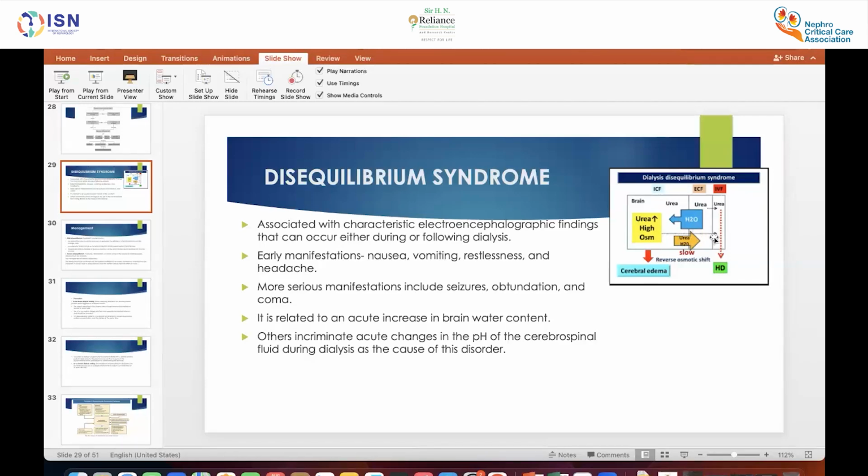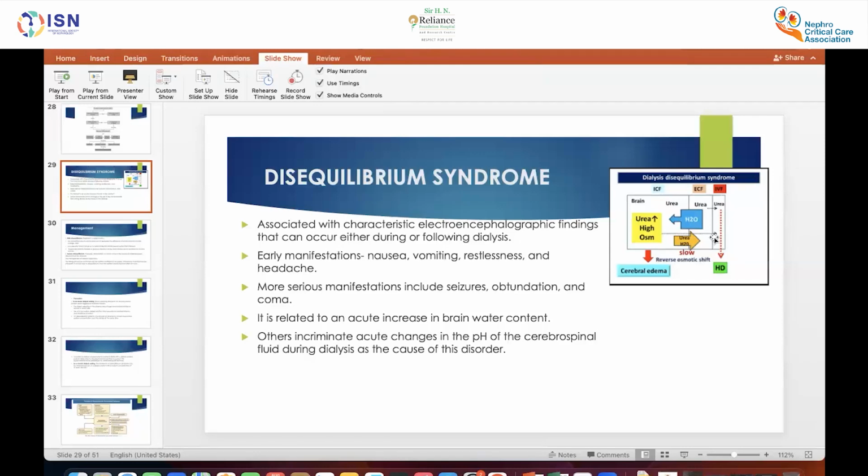But since urea is not moving so fast, and you are removing the urea very rapidly, the urea in the intravascular compartment is rapidly removed. And that causes a decreased plasma osmolality in the intravascular compartment. And what will happen for that? The resultant effect is basically to reduce the urea in the intracellular compartment in the brain cells.